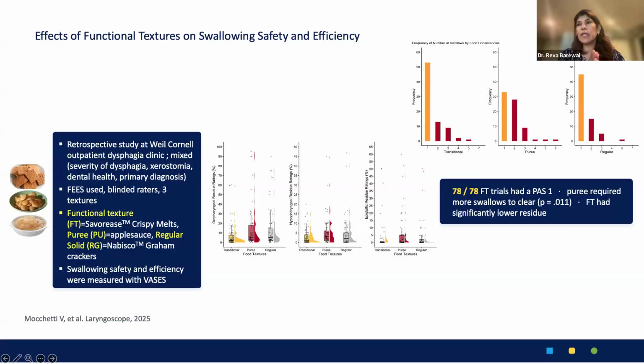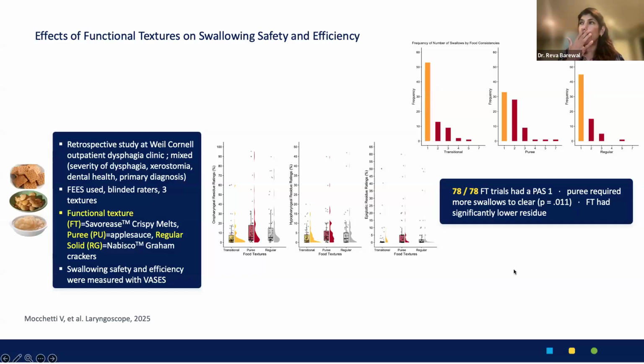In this study that was done recently, they looked at three textures: the graham cracker, which was a regular cracker, the crispy melts, which was your functional texture, and then the applesauce. They were using FEES and blind raters. It was a heterogeneous population in an outpatient setting, and they measured swallow safety and efficiency using the PAS.